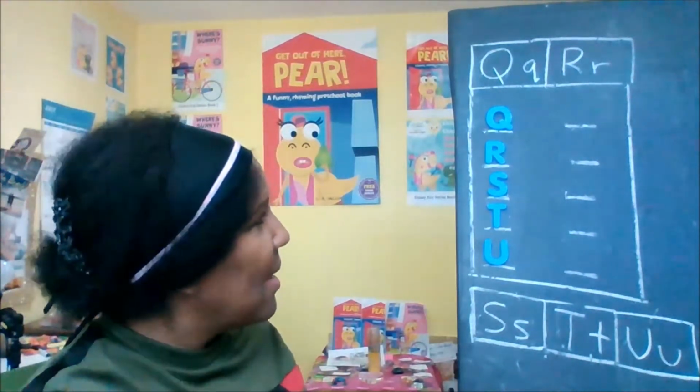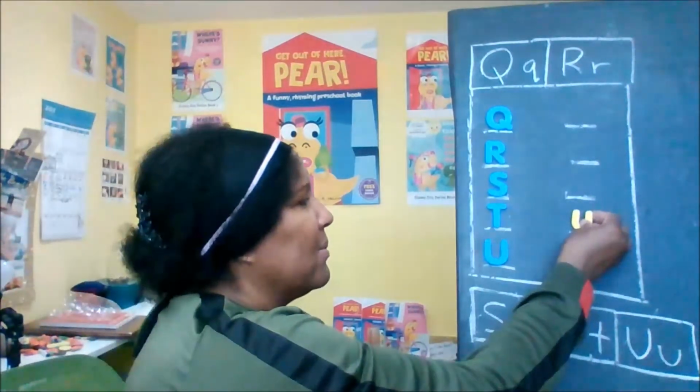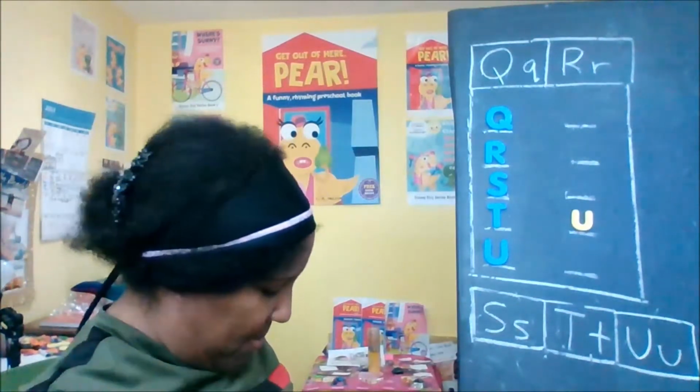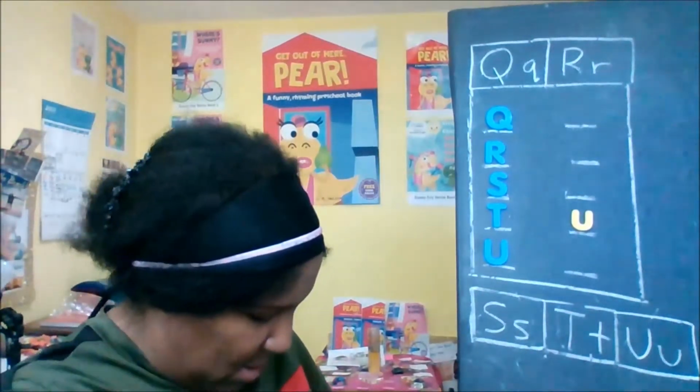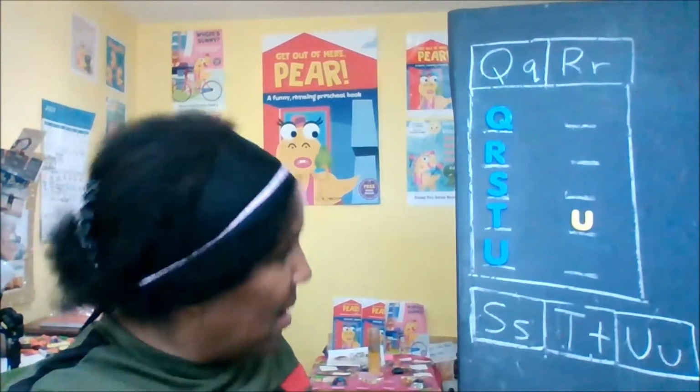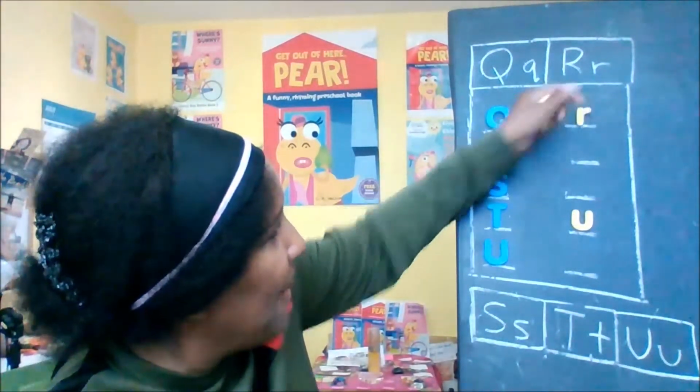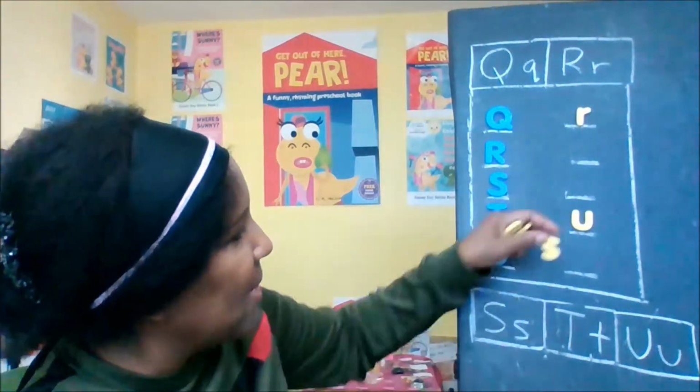Let's see. I'm going to put U here. I'm going to put, oops, I have some chalk on my shirt. R, I'm going to put up at the top. S, I'm going to put at the bottom.